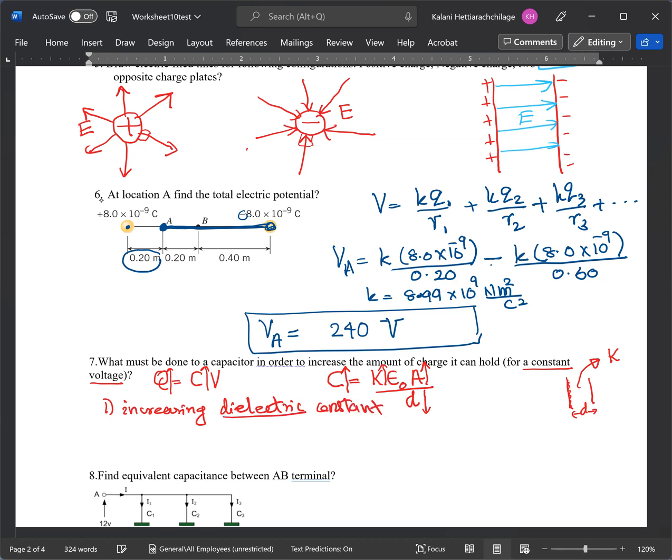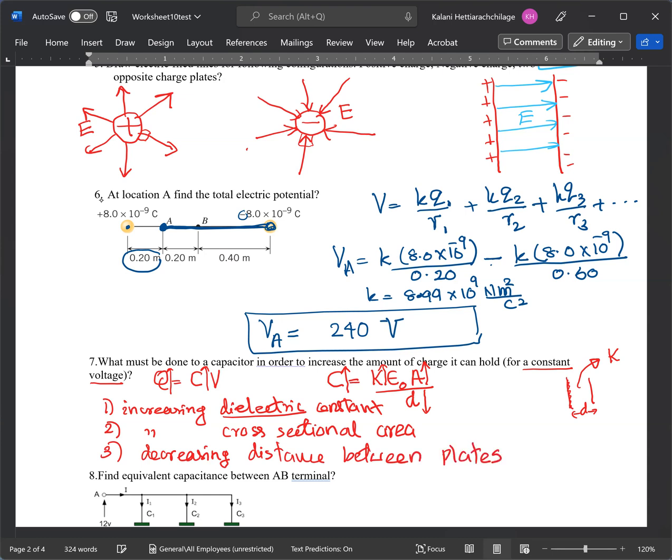Two, increasing the cross-sectional area, that means the A value in the equation. And third is decreasing the distance between plates, that means the D value in the equation.